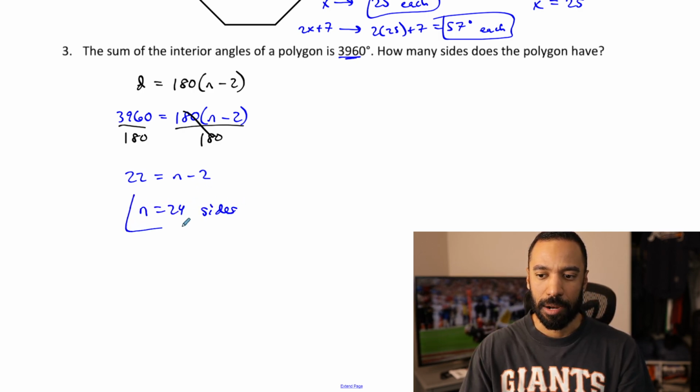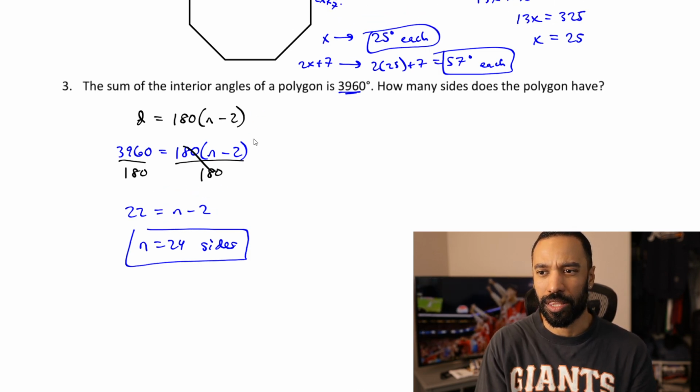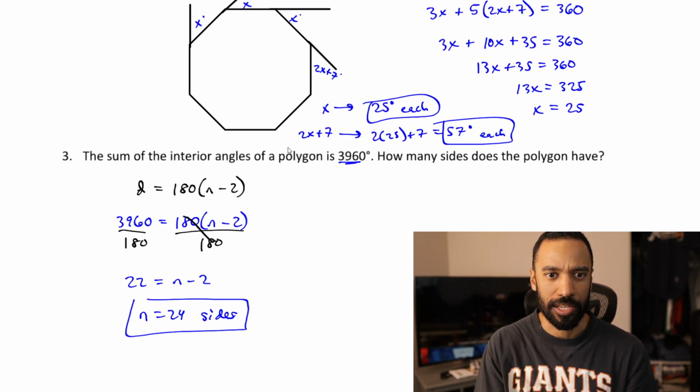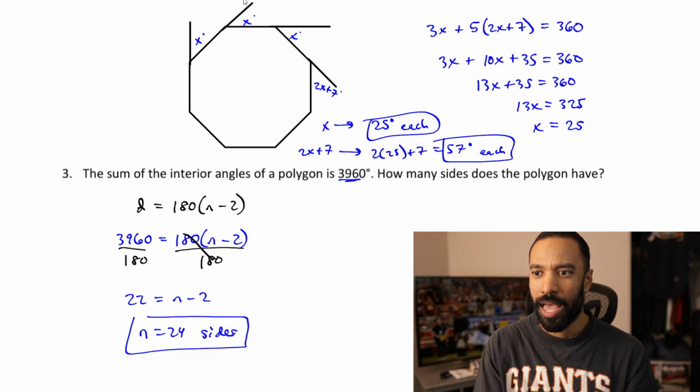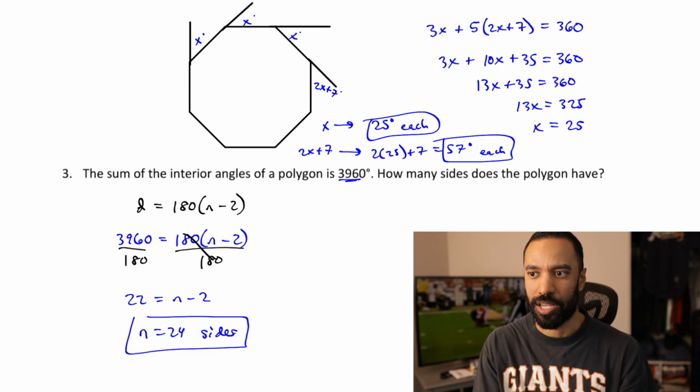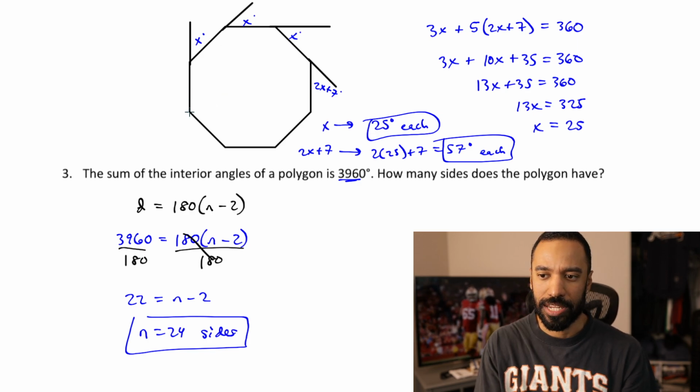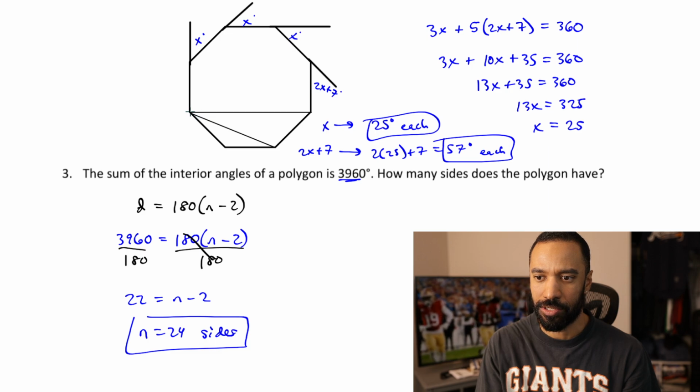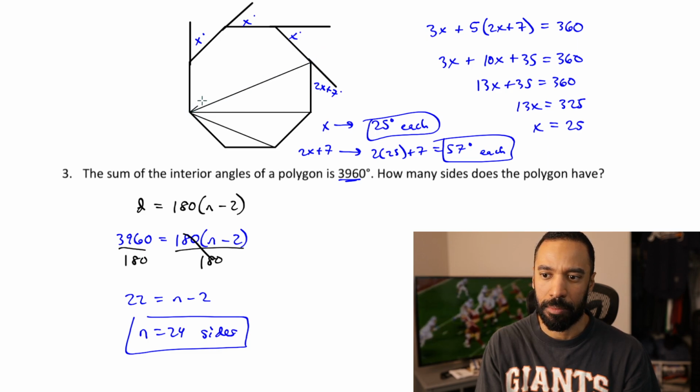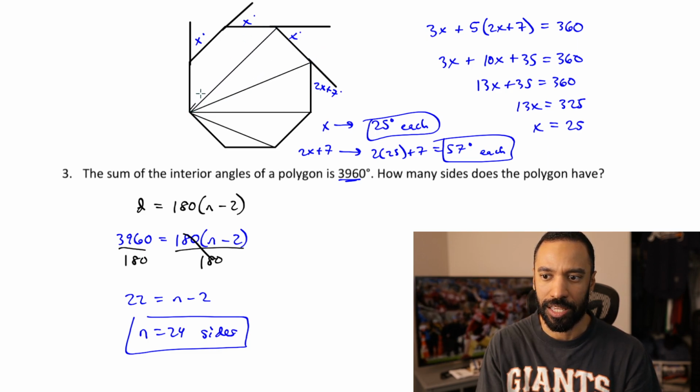If you don't know what I mean by number of triangles, I drew it out really quickly on that one quadrilateral. Let me show you on this octagon right here as an example. How many triangles does an octagon have? If I go from one vertex into all the non-adjacent vertices and draw diagonals, I can create triangles which are made up of the interior angles of the octagon like this.